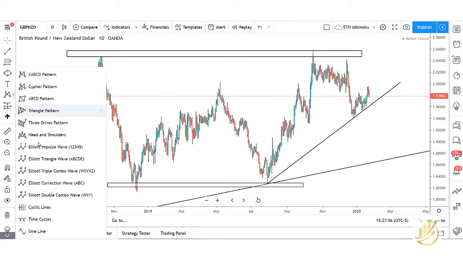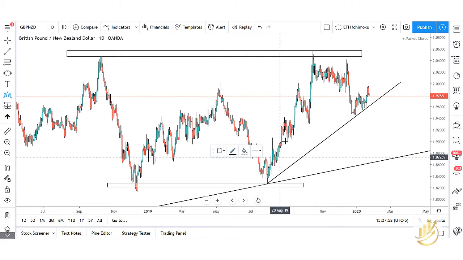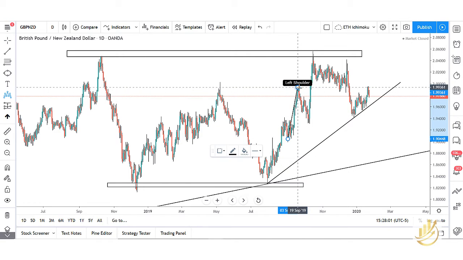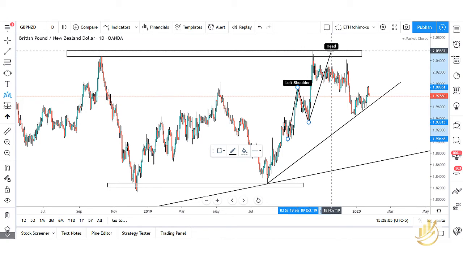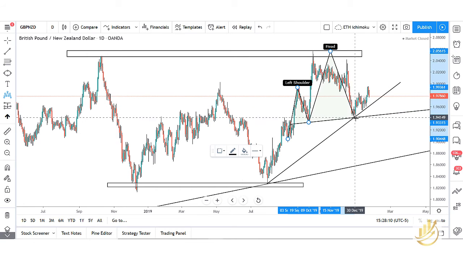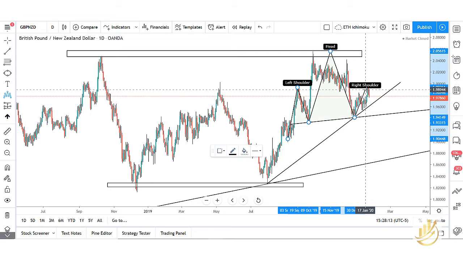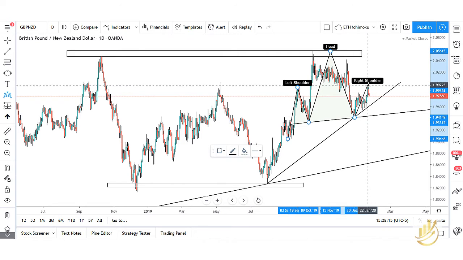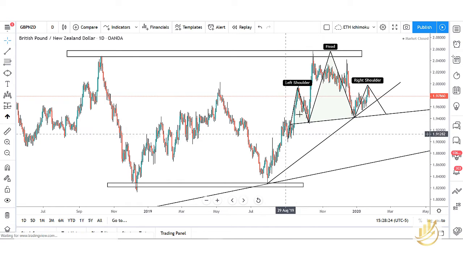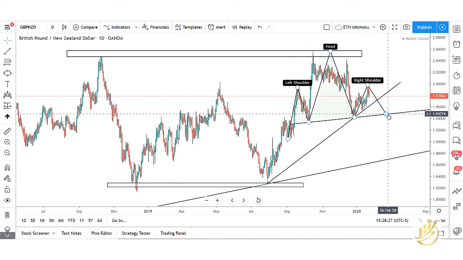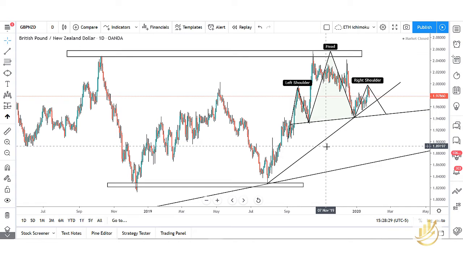So I can say maybe this area is fine, then this, then this, and then this. It's kind of a head and shoulders, but you cannot get perfect setups all the time.